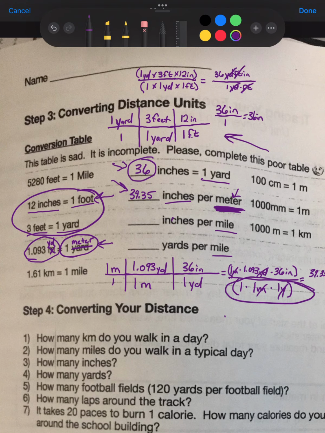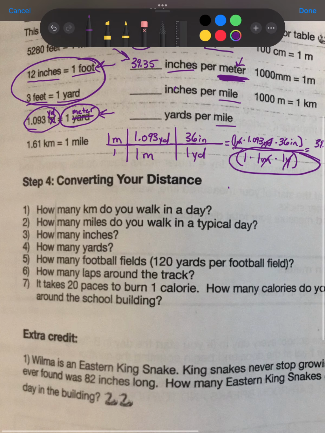Now, the last part is number 4. It says converting your distance. This is for the front of your lab. You're going to take the total distance that you walked in all of your classes, and you're going to convert that from meters to kilometers.